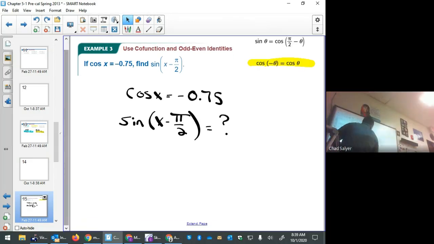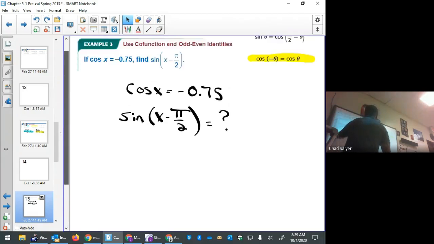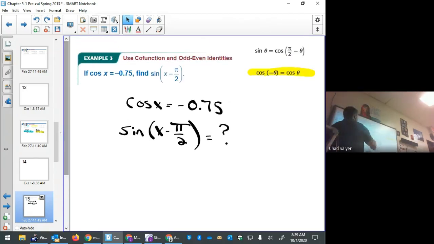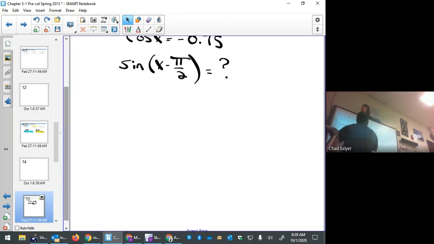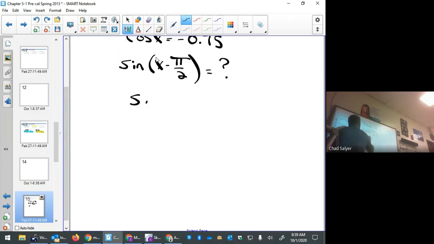Okay, so first of all, we've got this, but do you see how these two values are the opposite of this? So what I need to do is say, actually, I grabbed the wrong one. I'll have to grab another one, but that's okay.